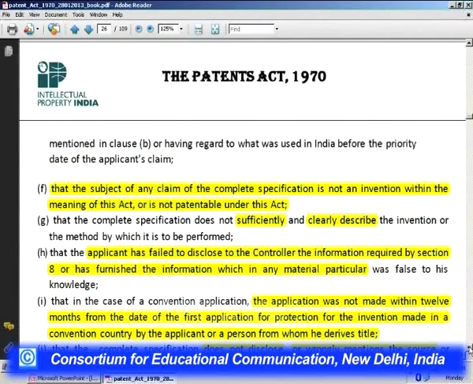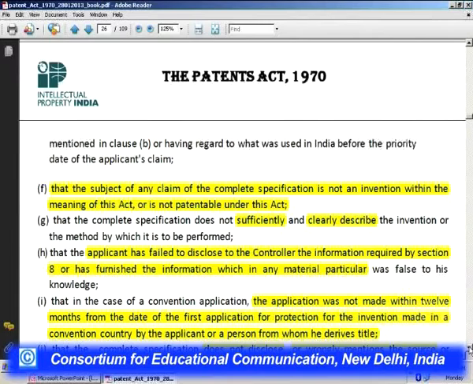If I would like to tell you about section 8, well friends, section 8 is about the foreign applications, and there are certain disclosures to be made by the person while making the foreign applications, and if somebody does not comply with section 8's mandate, then that applicant will never get the patent protection. And on what ground? That he has failed to furnish or disclose to the controller the information required under section 8.